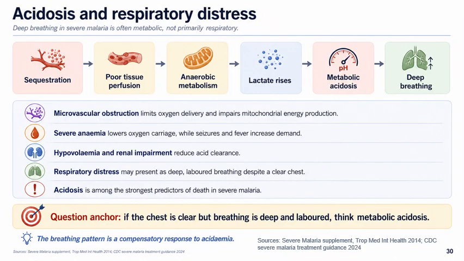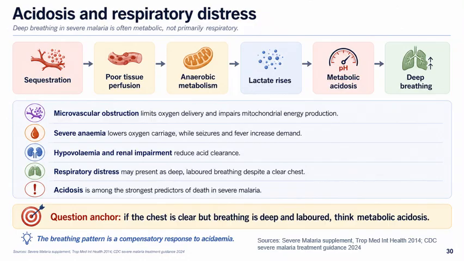Respiratory distress in a child with severe malaria is often metabolic rather than a primary pulmonary condition. Sequestration and microvascular obstruction reduce tissue perfusion. Severe anemia lowers oxygen carriage. Fever and seizures increase oxygen demand. Cells shift towards anaerobic metabolism. Lactate rises and metabolic acidosis develops.